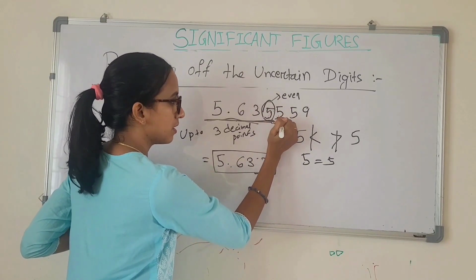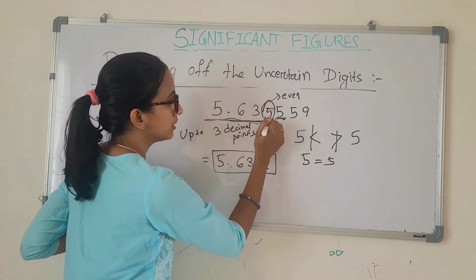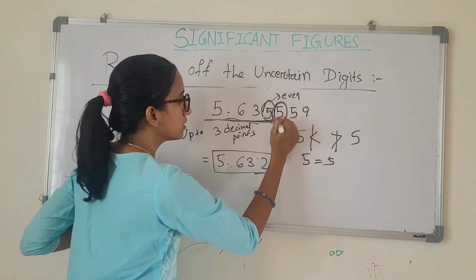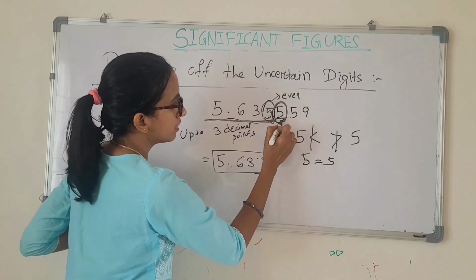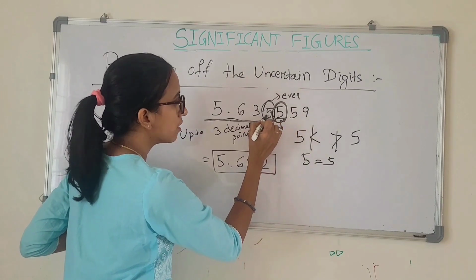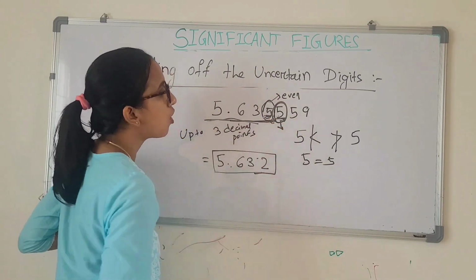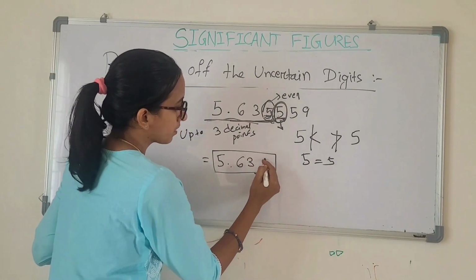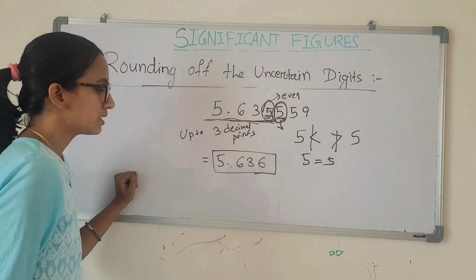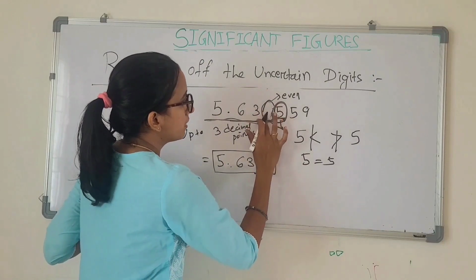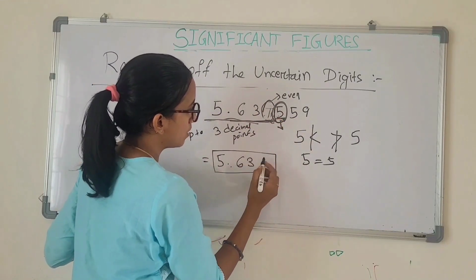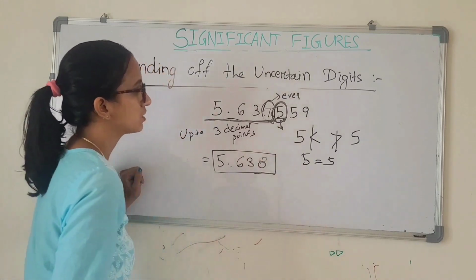See, here 5, here 5, but you have to round up to 3 decimal points. So you are checking this number, and if it is 5 and the preceding digit is odd, you have to add 1 to it. If it is 1, the result will be 2. If it is 7, you will add 1 and get 8.